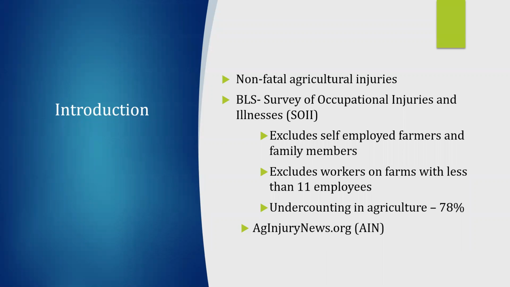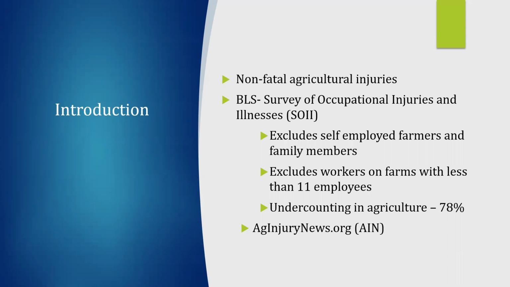Data, especially for non-fatal agricultural injuries, is somewhat limited by the available sources of information. Existing data is mostly based on regional or national periodic surveys. The Bureau of Labor Statistics only captures non-fatal occupational injuries through its Survey of Occupational Injuries and Illnesses.